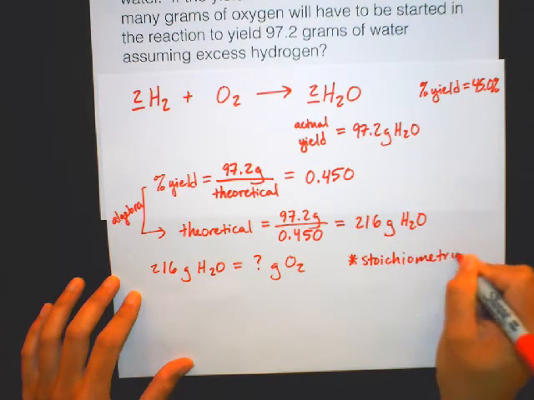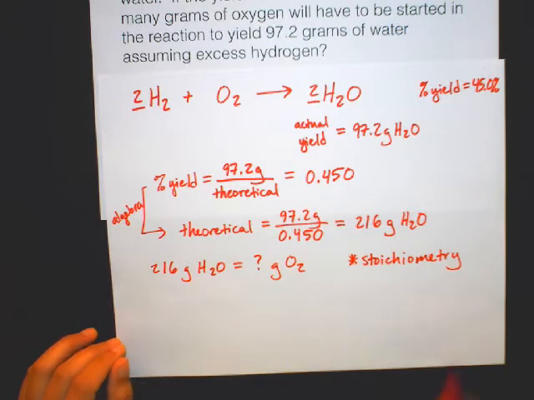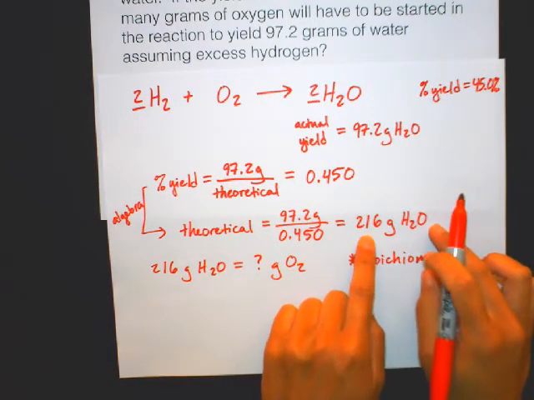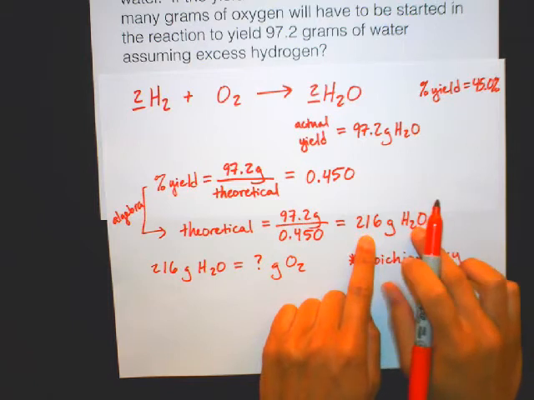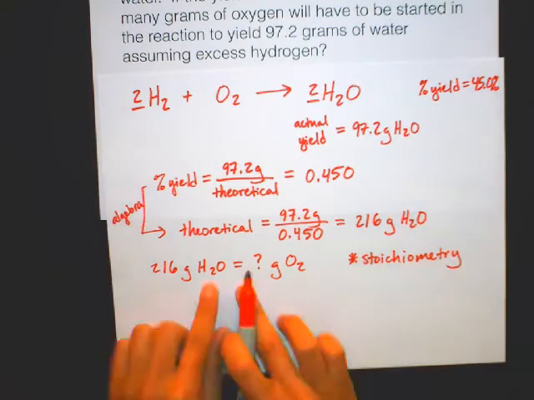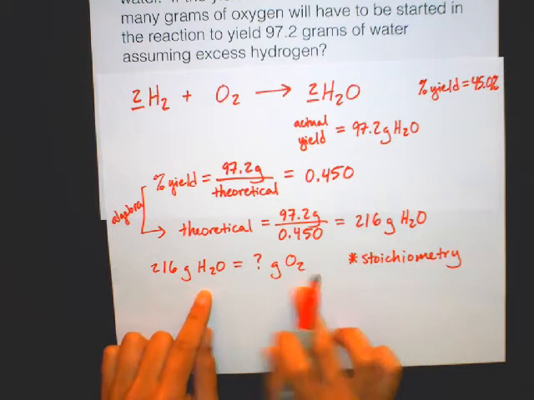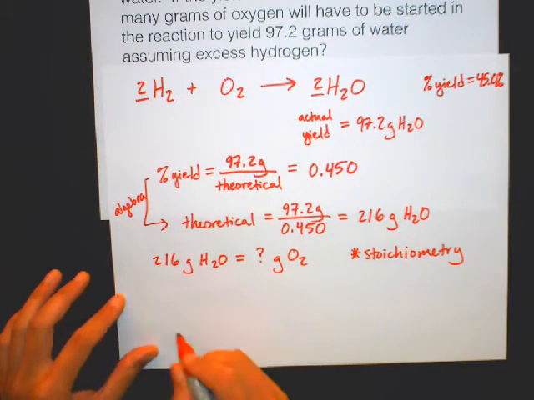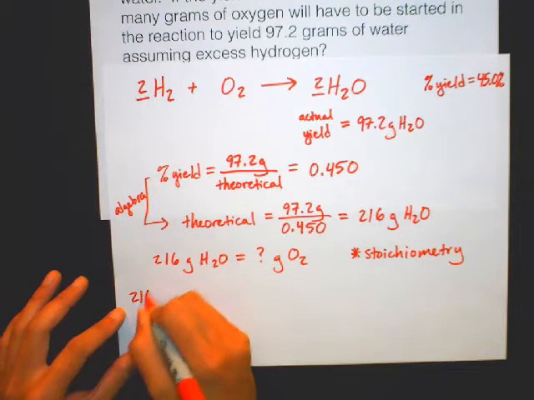So now we get to use stoichiometry. Yay. Hopefully you wouldn't just assume this is the answer, because up to that point, that's water, but also you haven't used any stoichiometry to solve the problem yet. So this part is where we need to use stoichiometry.